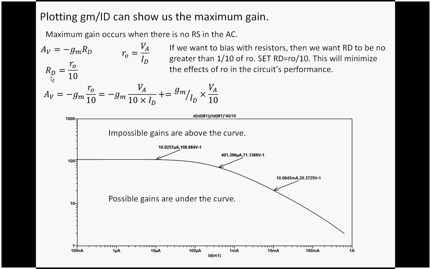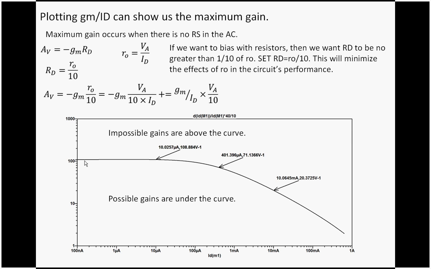Well, what I can do is make sure that the drain resistance is 1/10 the output resistance, and so it'll drop out. If I do that and calculate that through, it turns out the gain is GM over ID times VA, the early voltage, divided by 10.